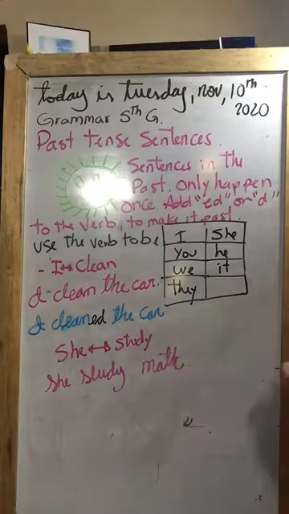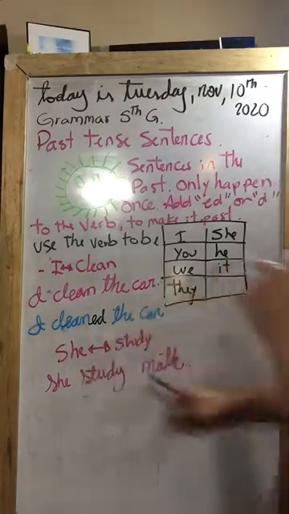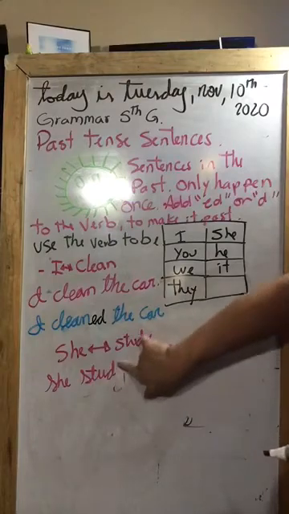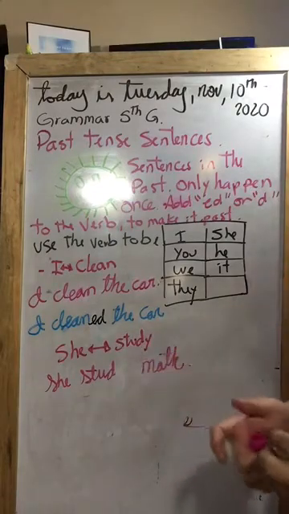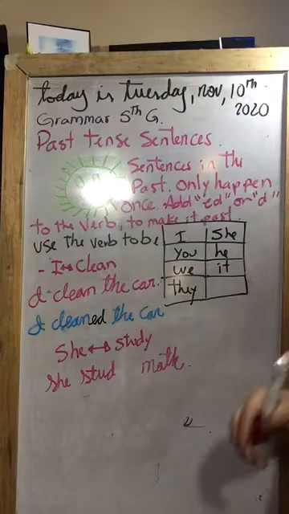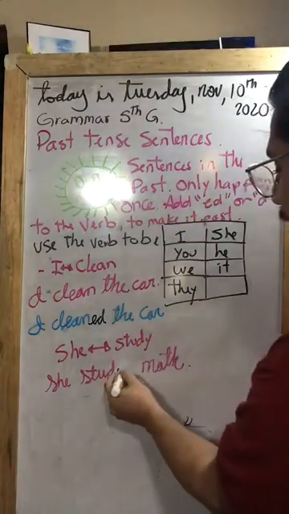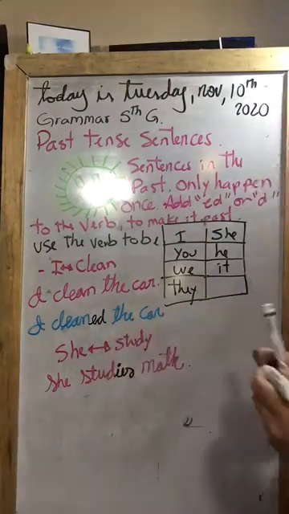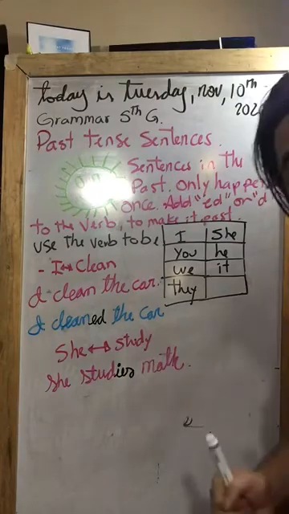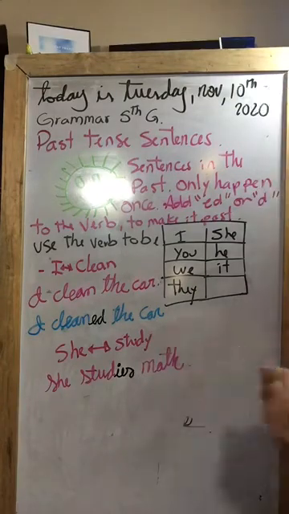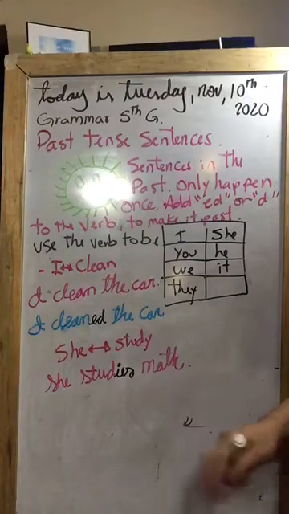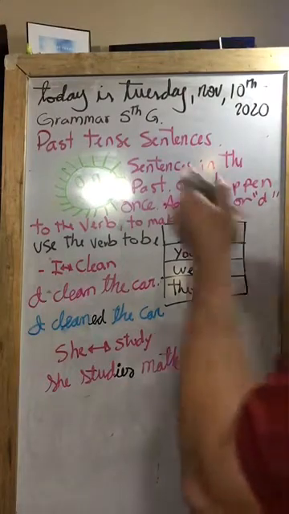Okay? But remember, as much as this sentence is in present, we are going to change this because it's an irregular verb. So we are going to write studies. She studies math.